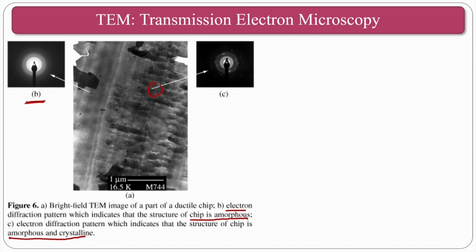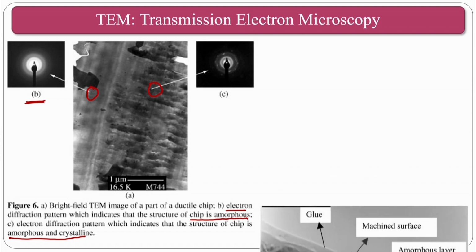Looking at the SAD pattern, on the machining side you will have the amorphous nature. On the free end side, you can see the crystalline plus amorphous nature. This can be detected by SAD images.